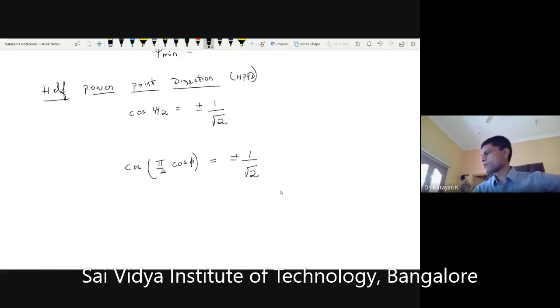So pi by 2 cos phi, half power point direction will be cos inverse of plus minus 1 upon root 2. Okay, so plus minus can be removed.